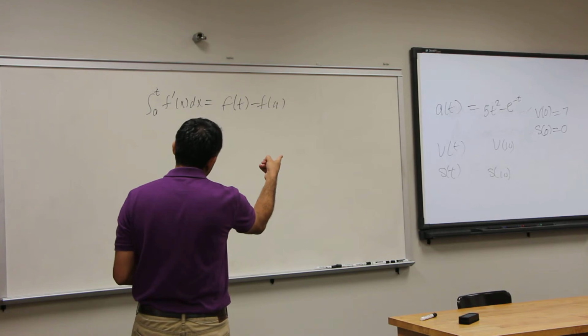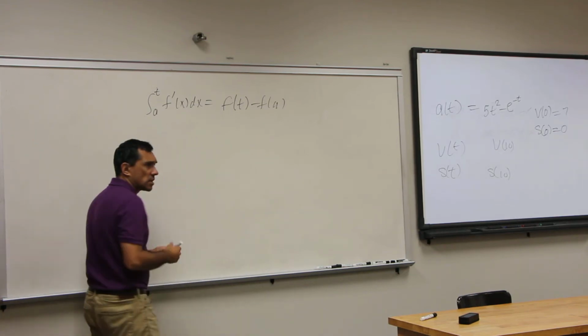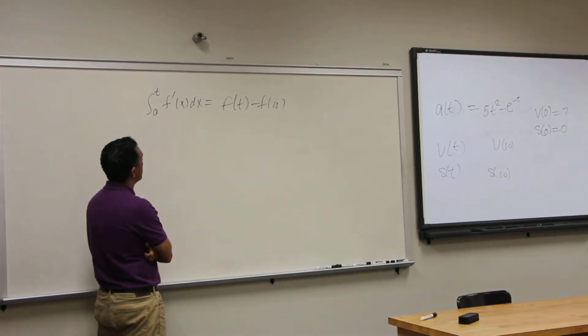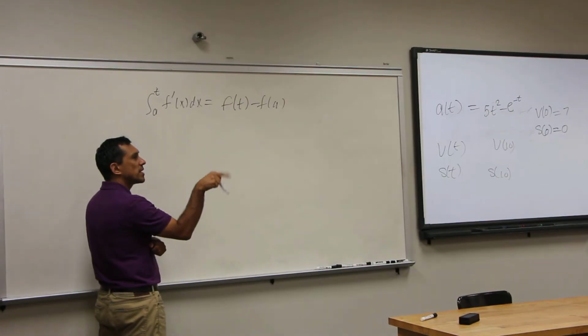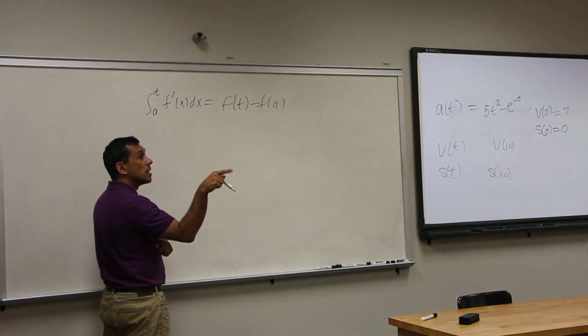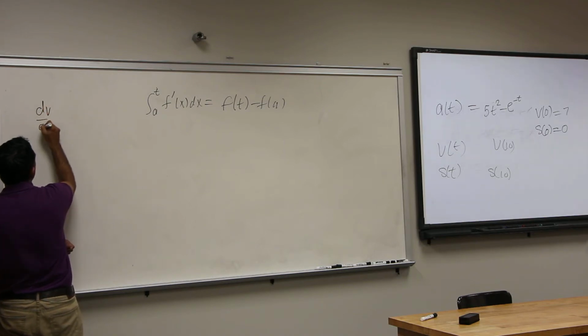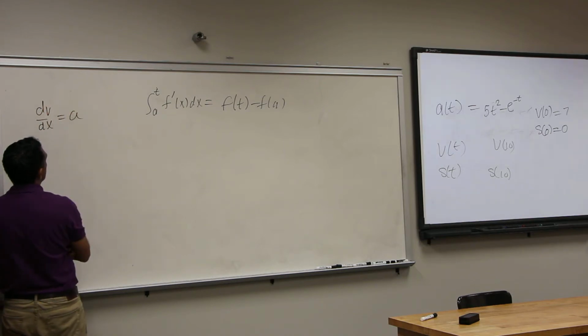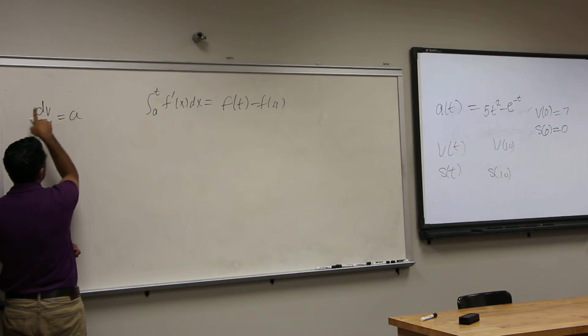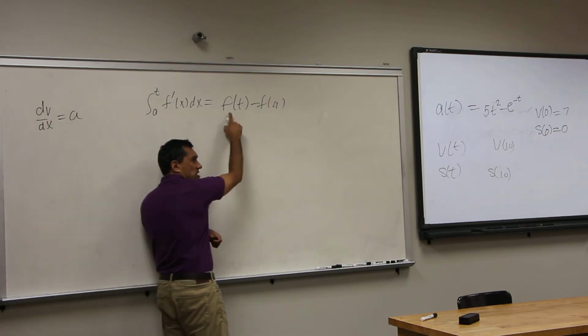Now, I want to find the velocity function. We will integrate the acceleration because we know that the derivative of the velocity is the acceleration, so that if you integrate the derivative of the velocity, you will pick up the velocity.